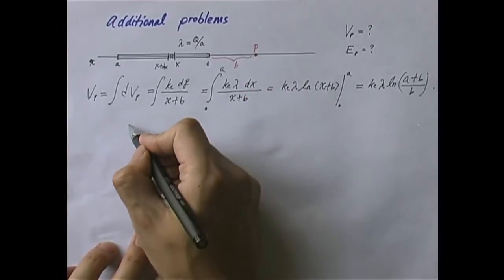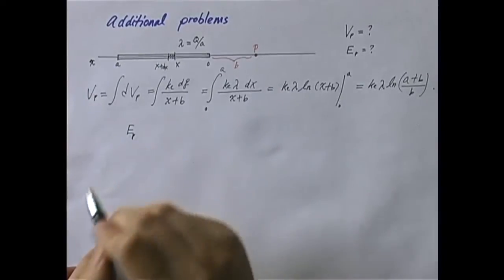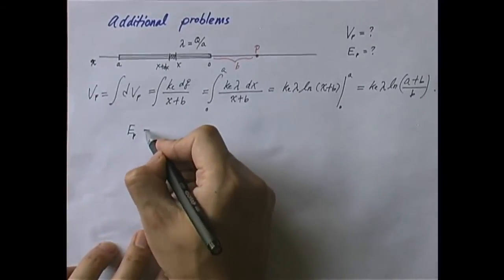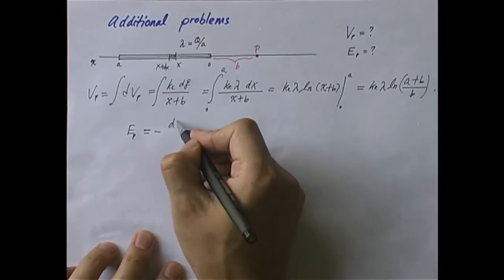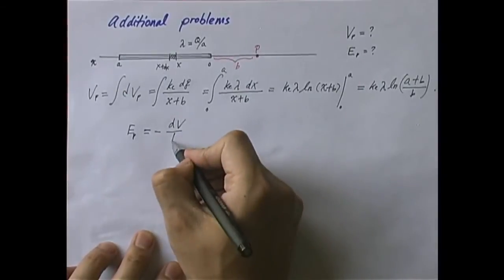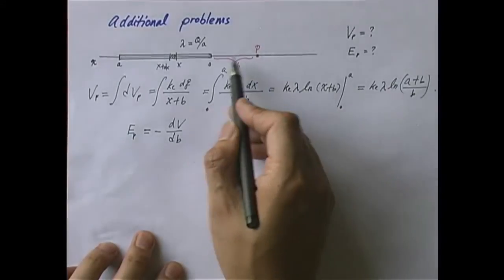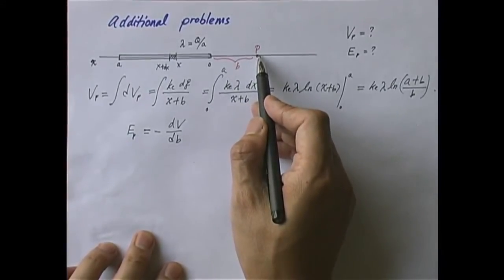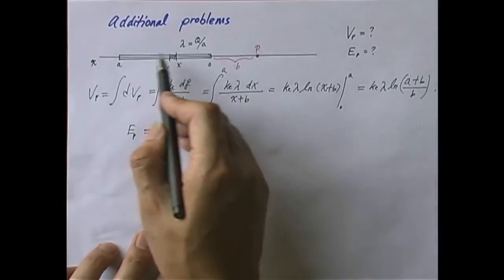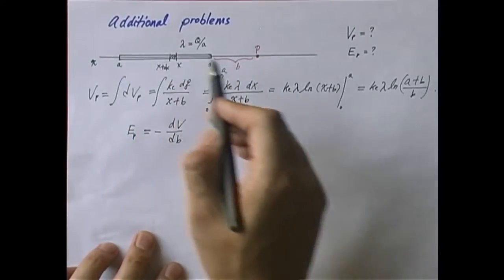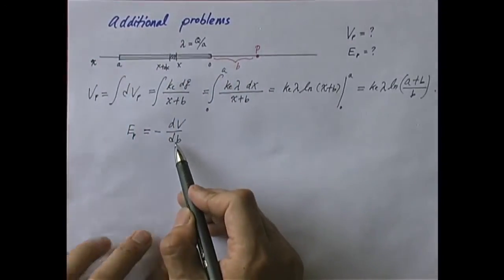So, what is E at point P? It is the negative of dV over dB, because b is the variable that tells where that point is. It's just like x, but we use x to denote which piece of the rod we're dealing with. So here is b.